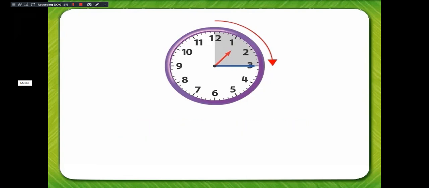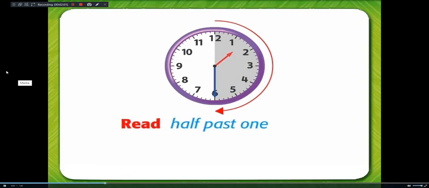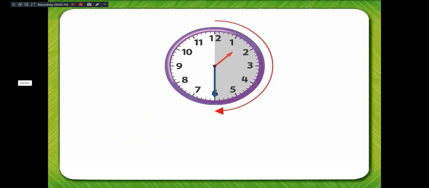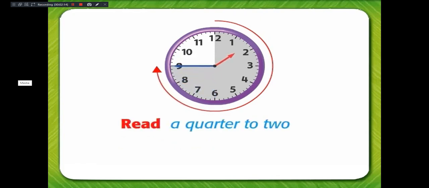A quarter of an hour later, Max left the dentist office at half past 1, or 1:30. Half an hour is 30 minutes. Max arrived back home a quarter of an hour later at a quarter to 2 o'clock, or 1:45. Remember, a quarter of an hour is 15 minutes.